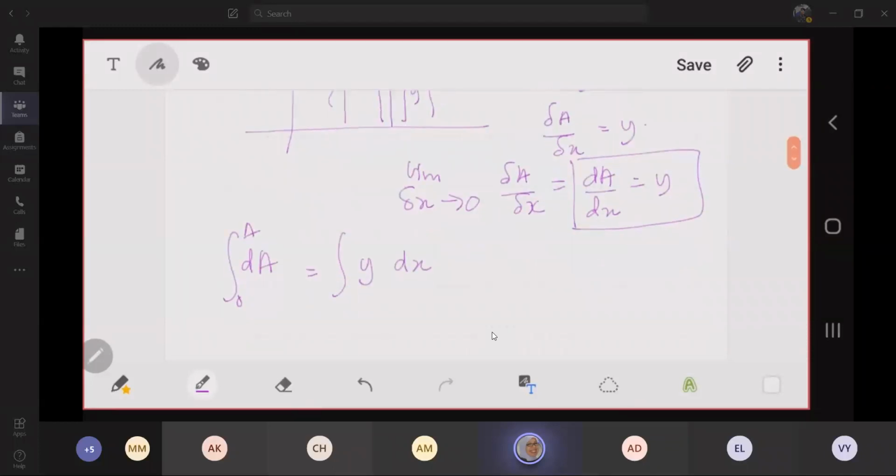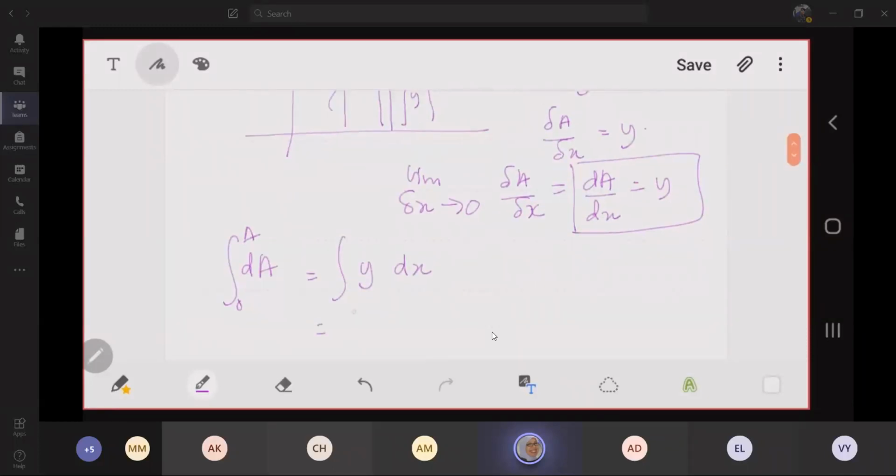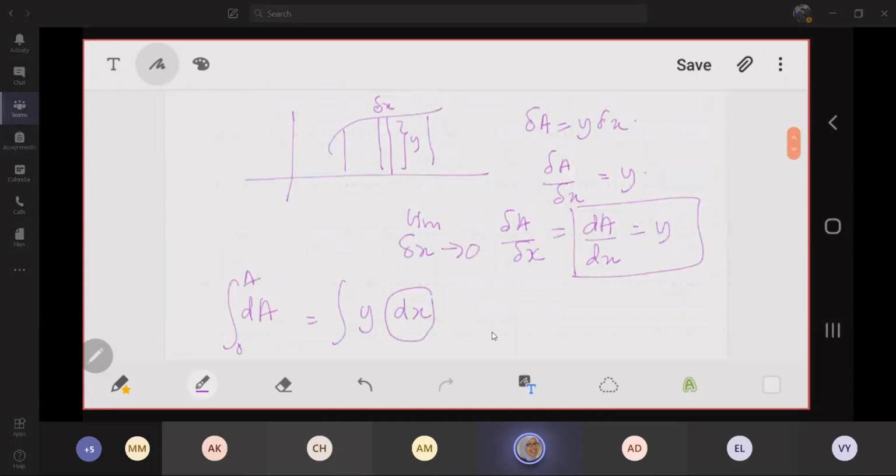Okay, so y dx. So now our x is in terms of t.